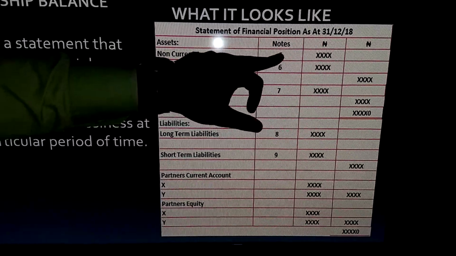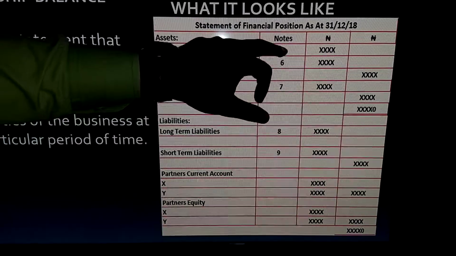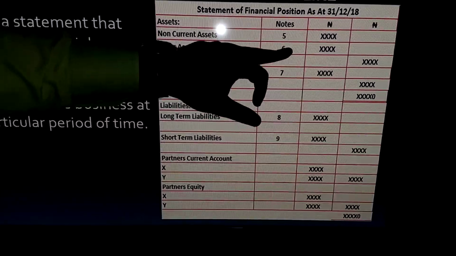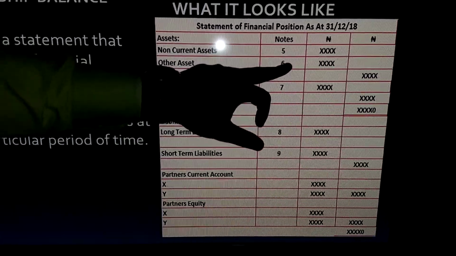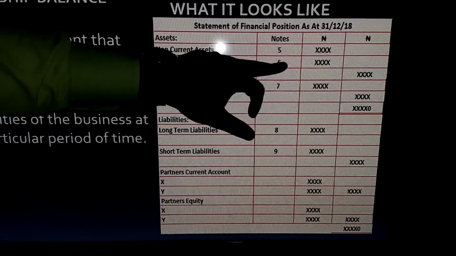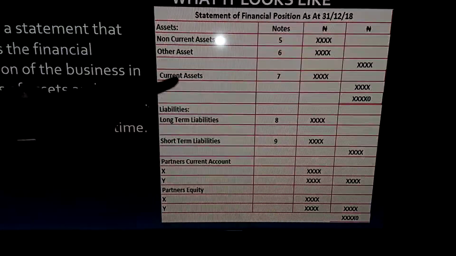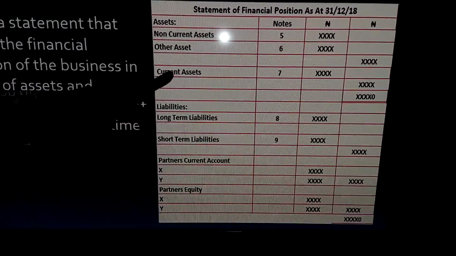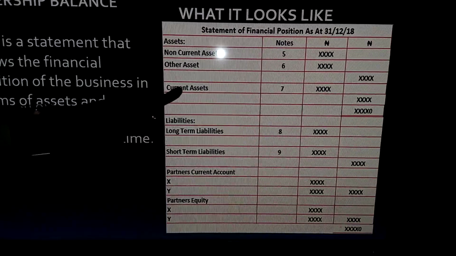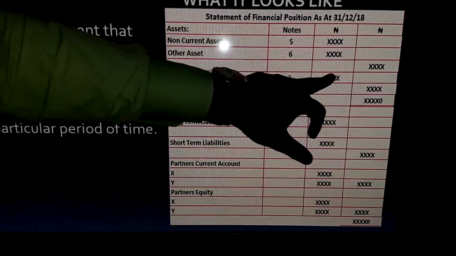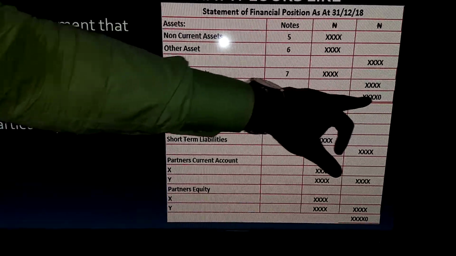If you have land, building, furniture and fitting, the total is shown in note 5. Other assets, the same thing: goodwill, patent right, and other fictitious assets that might be recognized. When you add this to this, you have this. You have your current assets, cash, debtors, prepaid expenses and all that. So when you add this to this, you have your total assets.